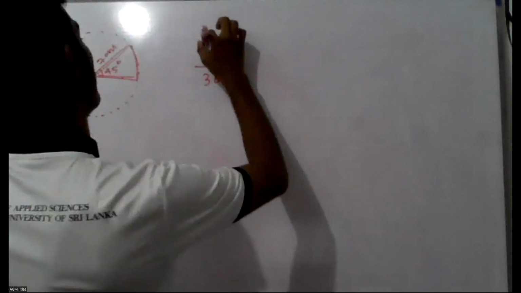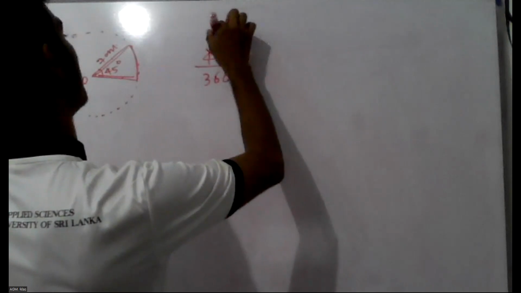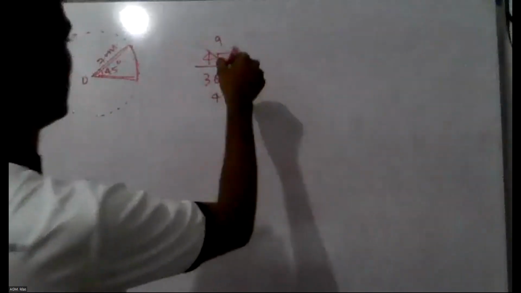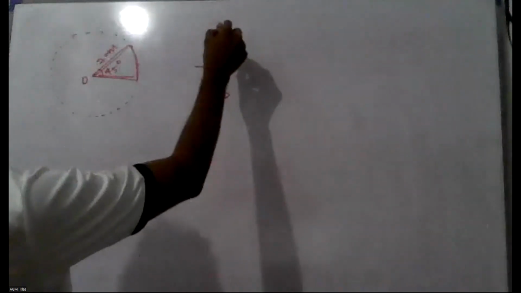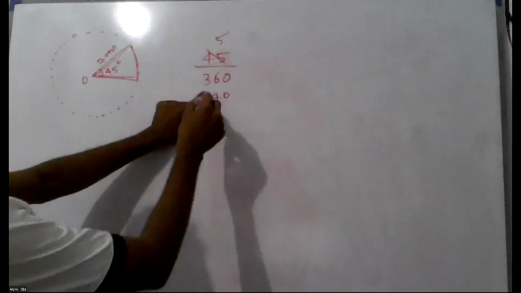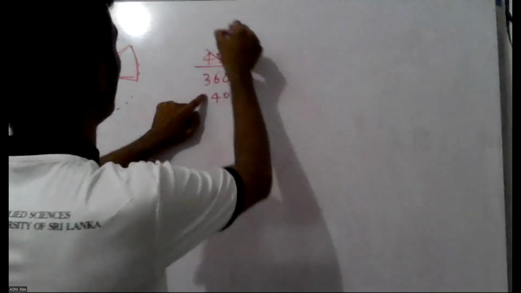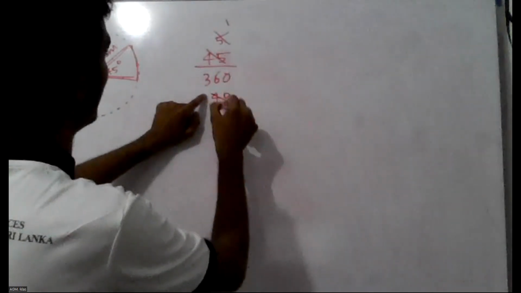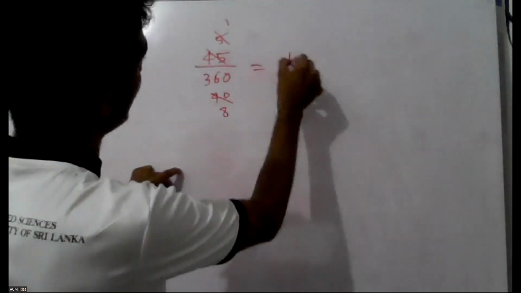If I simplify by 9 first, there are 5 nines in 45, and there are 40 nines in 360, so 5 over 40. Again, simplifying by 5, I am going to receive 1 over 8. So the fraction is 1 over 8.